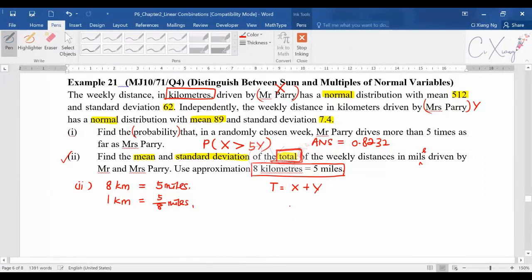You have to write out the equation so that you will have everything in miles. So this one is in kilometers. All right, so how can I change it to miles? You need to multiply the kilometers by 5/8.